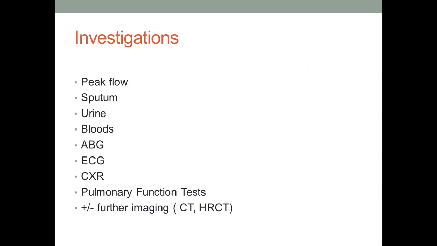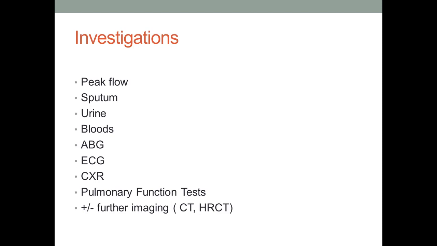Routine urine examination is not required. Sometimes one can do urine examination to rule out differential diagnoses like Churg-Strauss syndrome and other connective tissue diseases, Wegener granulomatosis. In blood tests, full blood count for eosinophilia or hemoglobin is recommended. In ECG, there will be sinus tachycardia.